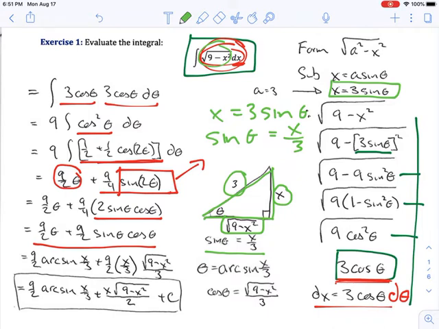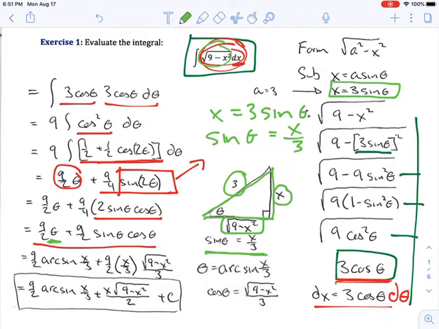We need to figure out arc sine of x over 3. First of all, we have to figure out what theta is. We have theta right here. Well, how do we figure out what theta is? We know that the sine of theta is equal to x over 3. If you know the sine of an angle and you want to find the angle, you use your inverse trigonometric functions.